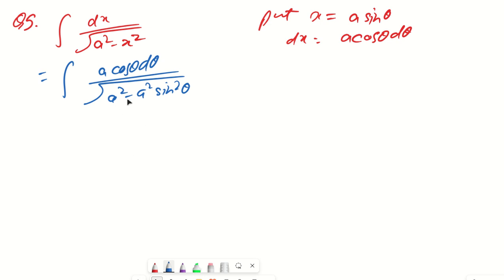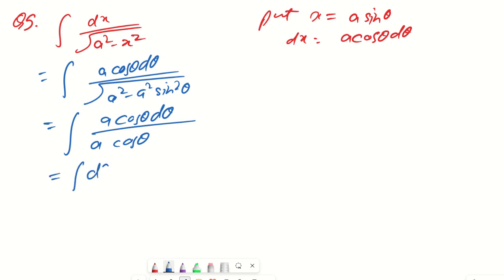Now I will take out a square common, so it will become a outside the square root, and 1 minus sin square theta will become cos square theta, and square root of that will become cos theta. So I am going to get integration of a cos theta d theta divided by a cos theta. So you can see numerator and denominator get cancelled, so it is going to be just d theta.